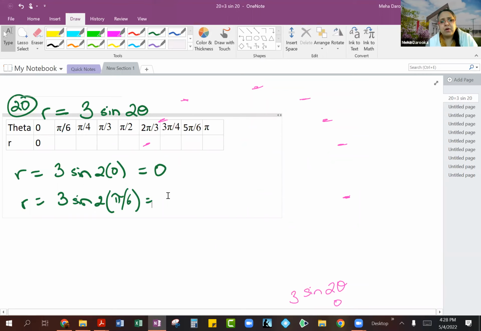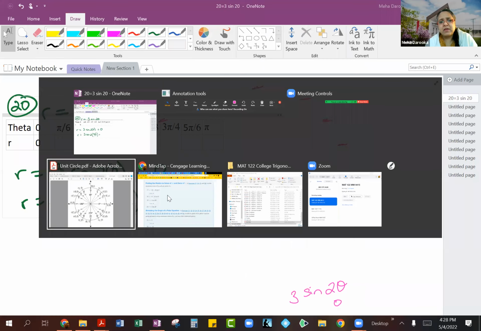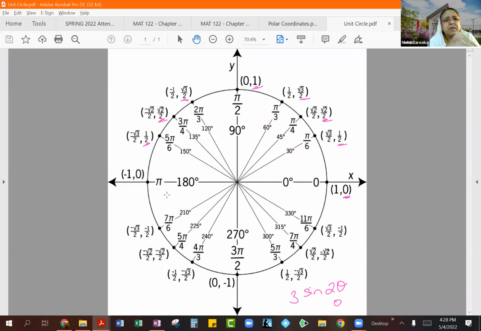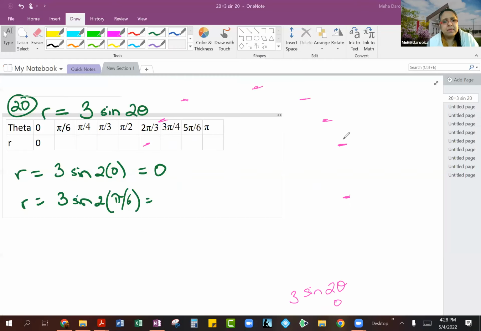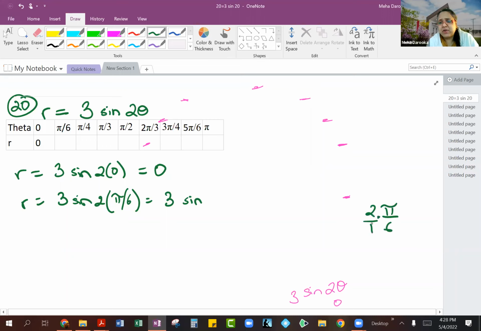Now for your theta value of pi over 6. So that would be 3 times sine of, actually, since you have 2 times pi over 6, this will change, right?